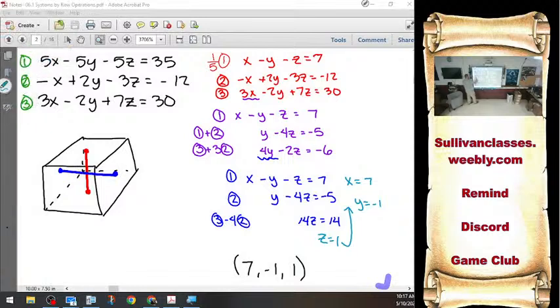And you have a z-axis from back to front. So if I'm at 7, negative 1, 1, that's 7 on the x-axis, right. Negative 1 on the y-axis, down. Positive 1 on the z-axis, forward. So it would be in that front bottom eighth of the cube.